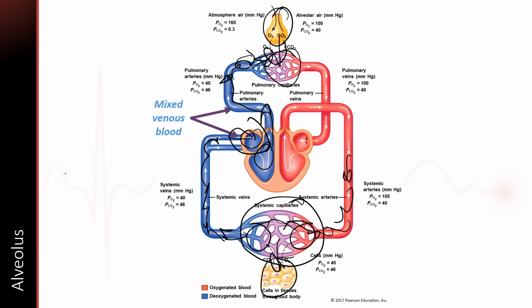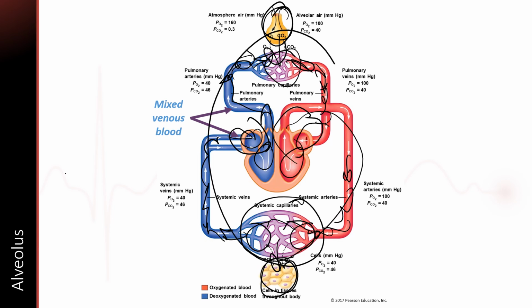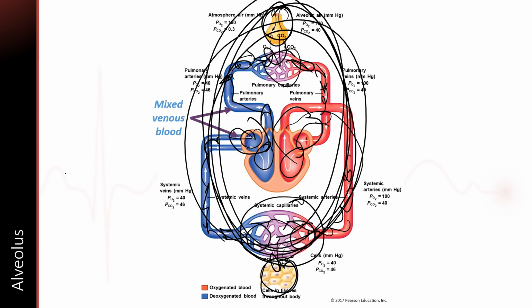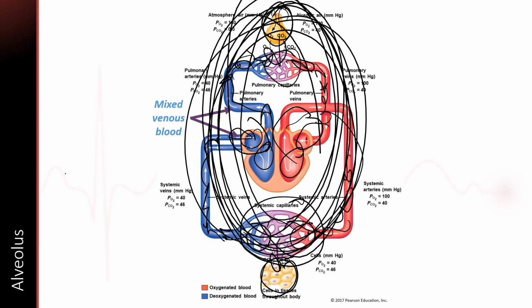This blood that was deoxygenated in the systemic circuit at the level of the tissues will be reoxygenated at the level of the lungs in the pulmonary circuit. And now this oxygenated blood will travel through the pulmonary veins back to the left side of the heart and be pumped back out into the systemic circuit again. And this cycle, this loop, will just keep repeating itself endlessly for your entire life.